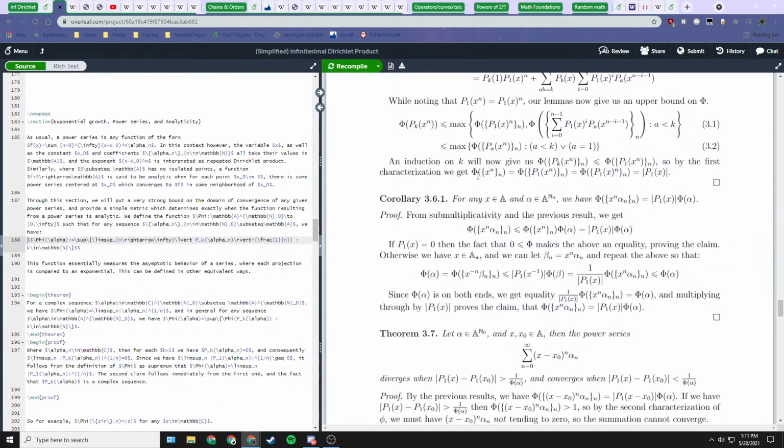Then we actually have that the phi value of this exponential series, x power n, is equivalent to just the phi value of the first projection. So essentially what we're saying is, however the first index grows compared to an exponential, all the other indices are going to grow comparably or less than that.